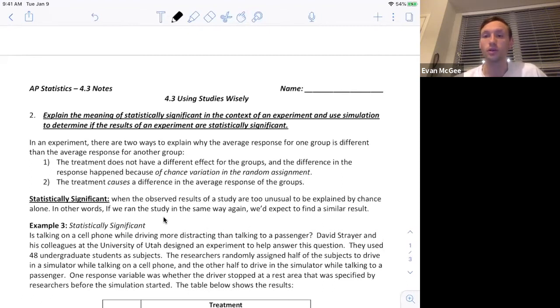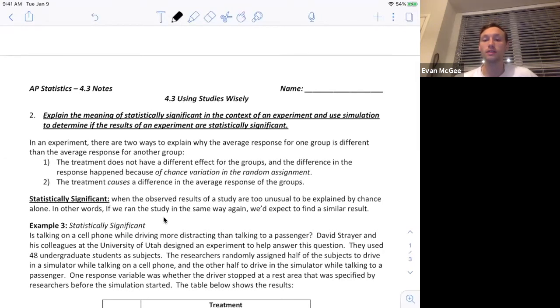But if I flip the coin 100 times and 95 of those flips were heads, that would be surprising, and that would make me think it's a weighted coin, because surely that couldn't just happen by chance alone. That's one way to think about this idea of statistically significant.